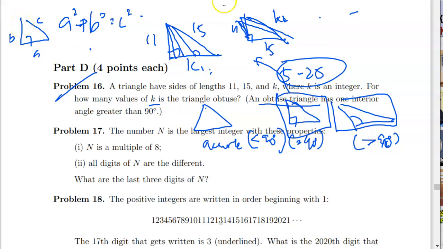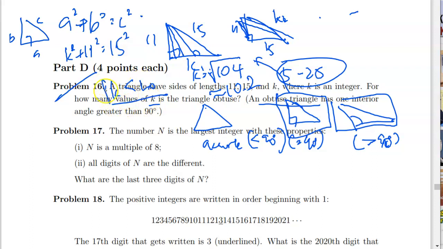Here k is one of the shorter sides, so k squared plus 11 squared equals 15 squared, and k is the square root of 104, around 10.2. So we want our k to be smaller than 10 for an obtuse triangle to form. This is one case.